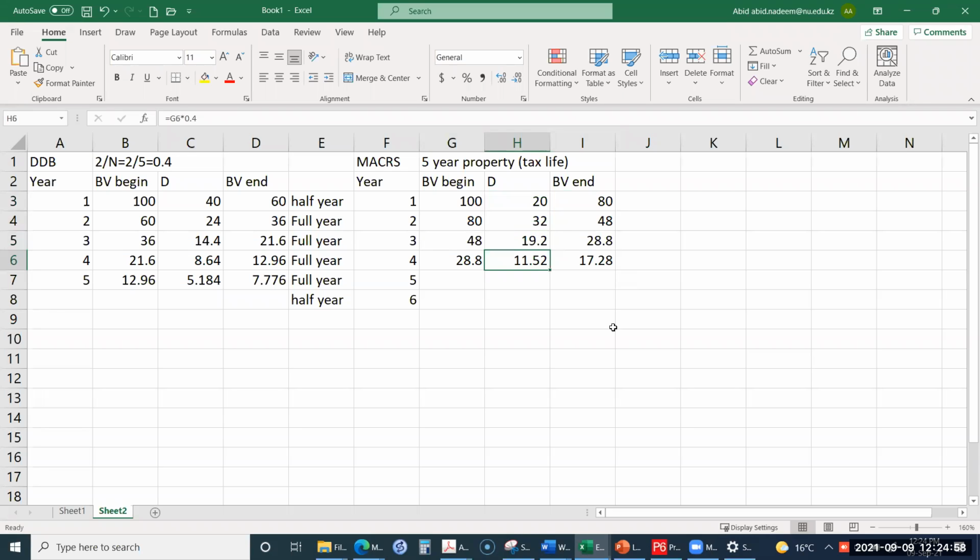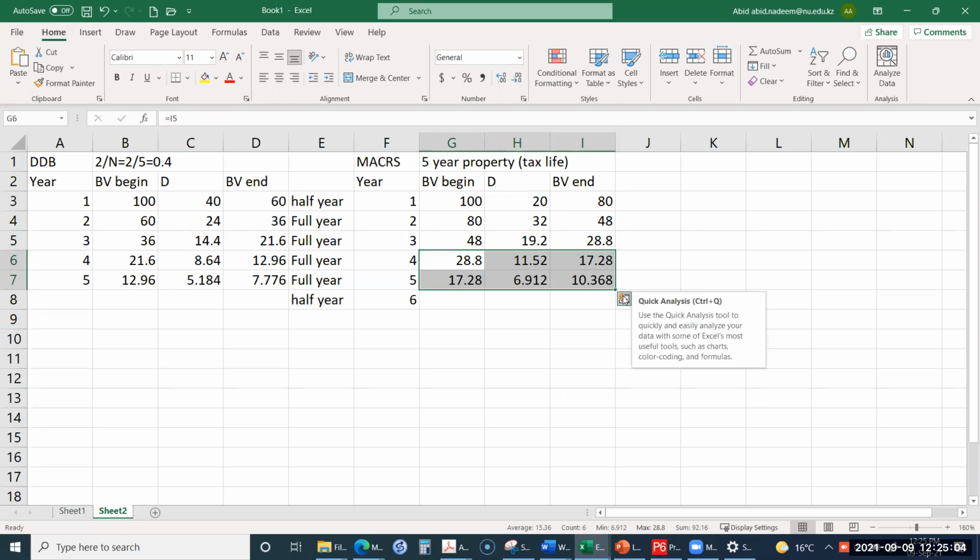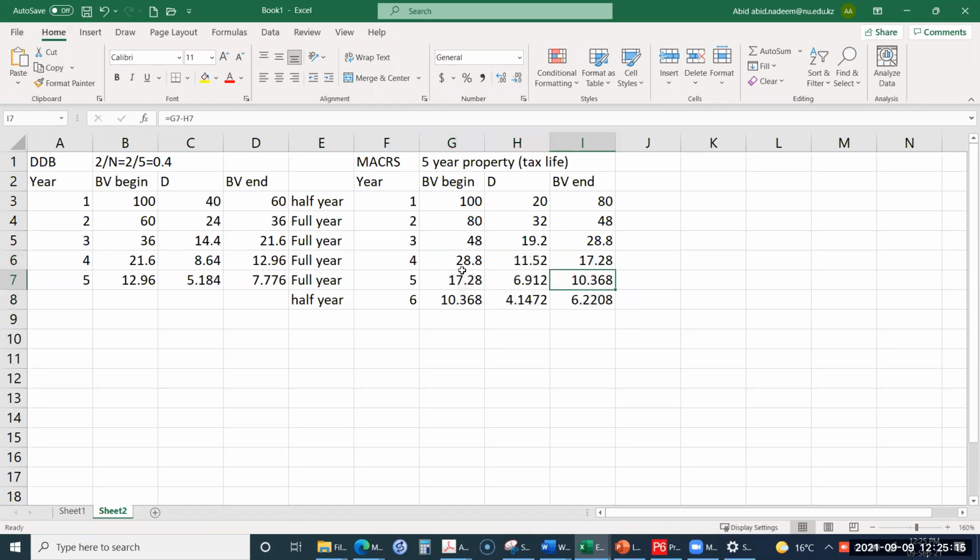And if I go for the next full year, we will get this value, and if we go to here, we will get 6.22. But here, I think we will need to make some adjustments.